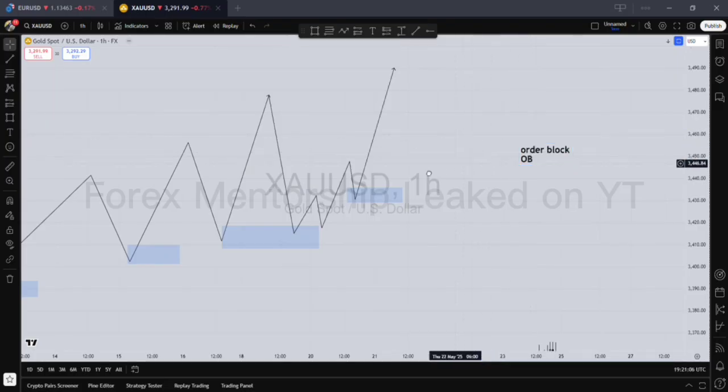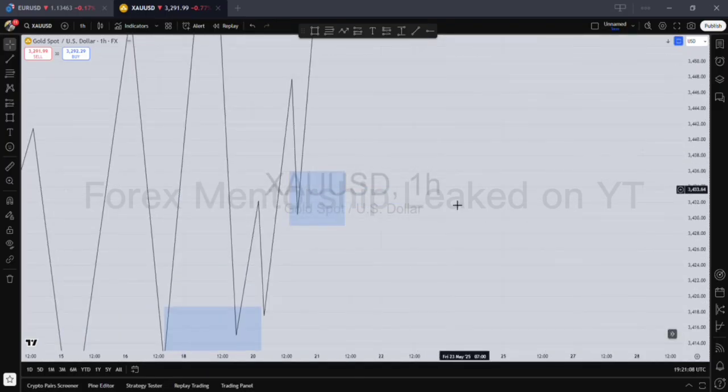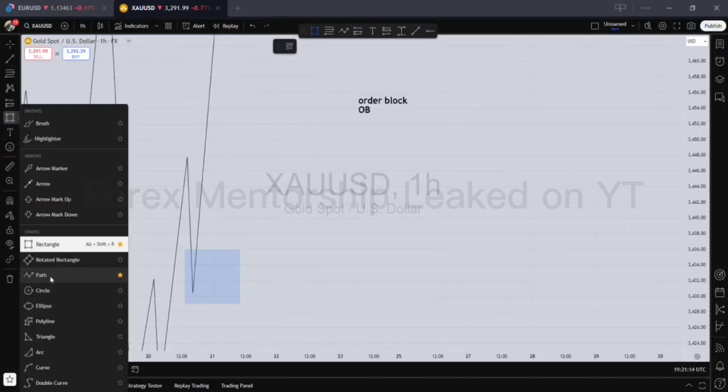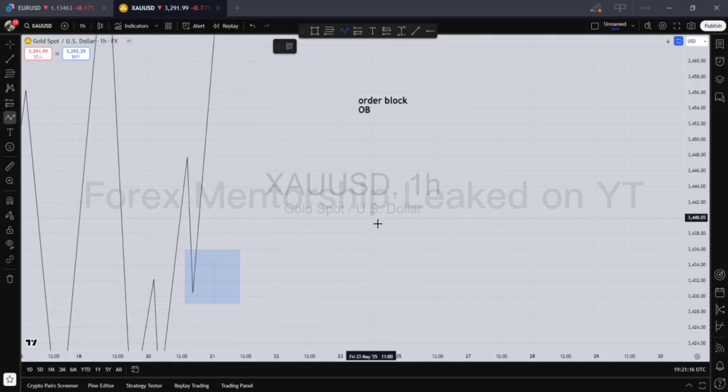So how did I define my order block earlier? I said they must clear liquidity either by a candle or a structure. By a candle, I mean, for example, if this is a candle now, an order block should clear this low for it to be valid.